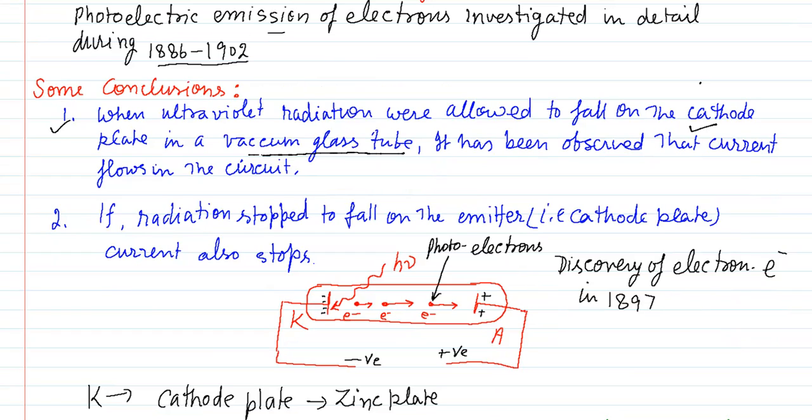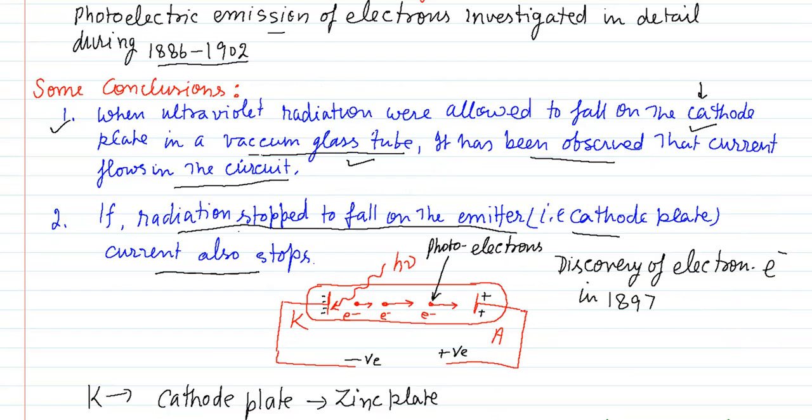Light is falling on the cathode, which is kept in the vacuum glass tube. It has been observed that a current flows in the circuit. And second, if the radiation stops falling on the emitter, the cathode plate, this current also stops.